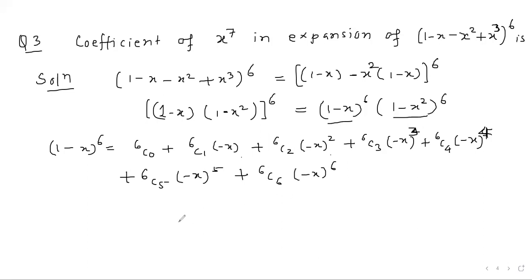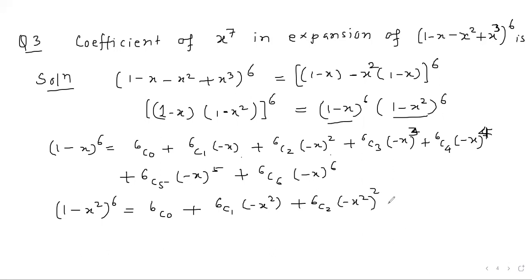And we can expand this term also, (1 minus x square) whole power 6. So this will give 6c0 plus 6c1 minus x square plus 6c2 minus x square whole square plus 6c3 minus x square whole cube plus other terms, and we don't need it.